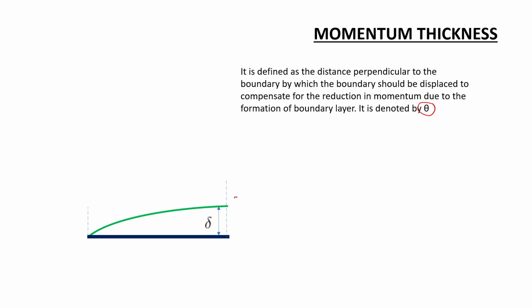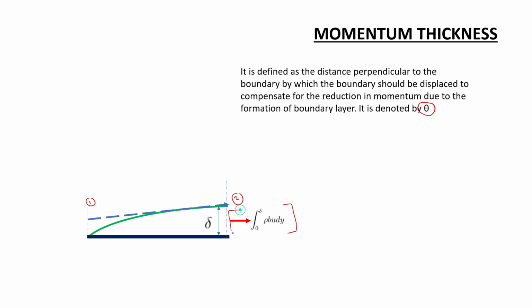And let us take two sections, 1 and 2, and you know that the flow gets shifted slightly upward to compensate for the reduction in mass flow rate. We have seen the derivation in displacement thickness.